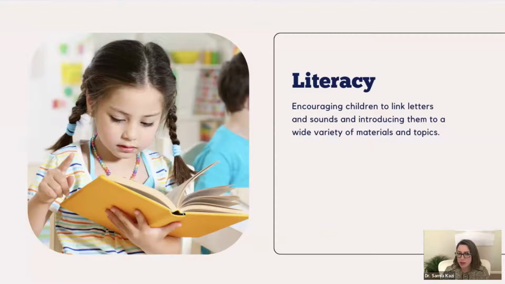Then we have literacy. Literacy in the EYFS focuses on encouraging children to link the sounds to the letters, to begin to read and write. Children are given access to different kinds of materials to get them excited about it, not just forcing it as part of your plan or schedule, but propping things around the environment that will make it exciting for them to want to learn about the letters.